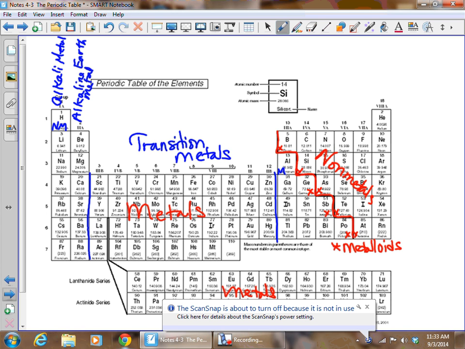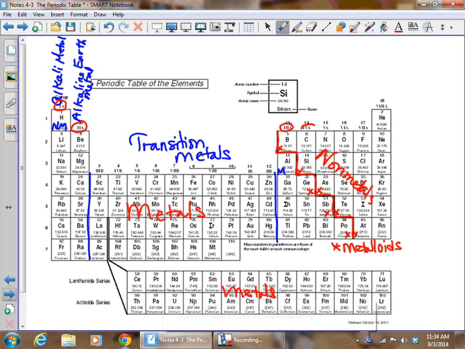Notice the transition elements are the B elements, and this is what was meant by that A element thing for the representative elements. These numbers up here, the 1A, 2A, etc., these are the representative elements, the A elements. And the B elements, sometimes I call them the valley elements because they're kind of sunk down in the middle. Those are, again, the B elements. So we've got transition metals there for the B elements.